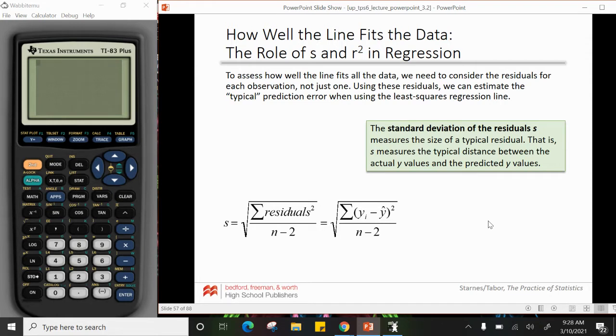Your calculator will do it for you. And it is on the formula sheet on the second page at the bottom. I was just checking to make sure it was on there, so you don't have to have it memorized, but just so you know what it is.